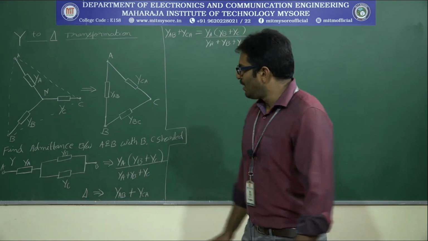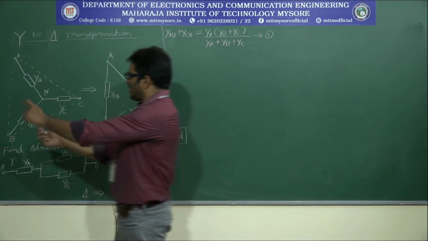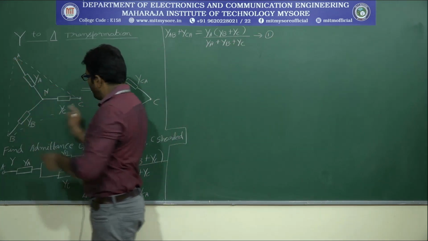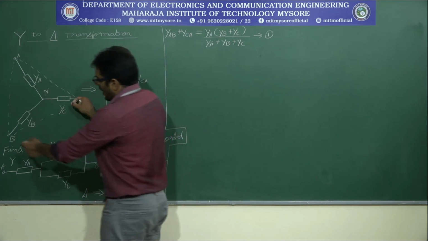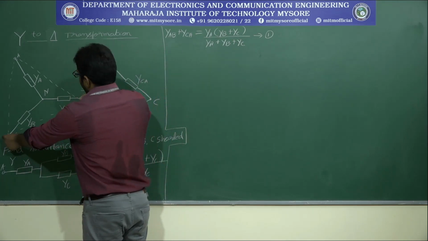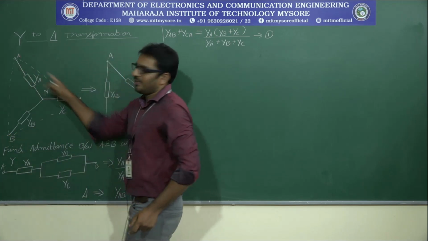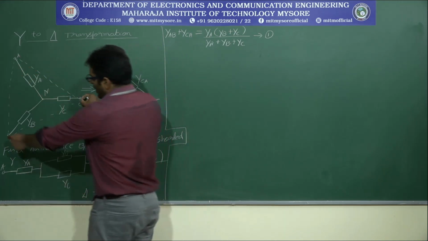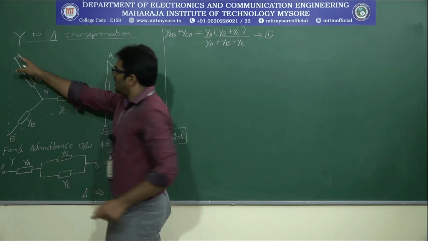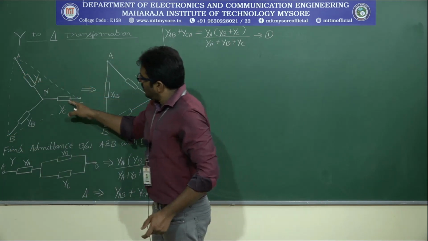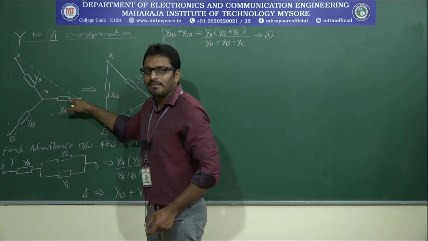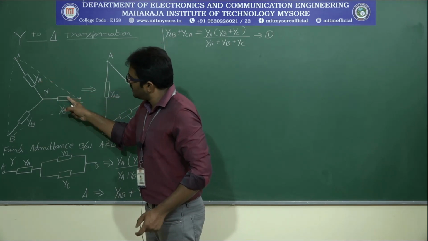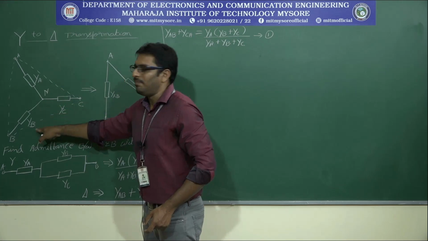Is that clear? Similarly, in the previous case you measured the admittance between A and B with BC shorted. Now in order to obtain equation 2, measure the admittance between B and C with CA shorted. Now these two admittances become parallel, and this combination is connected in series with YB.